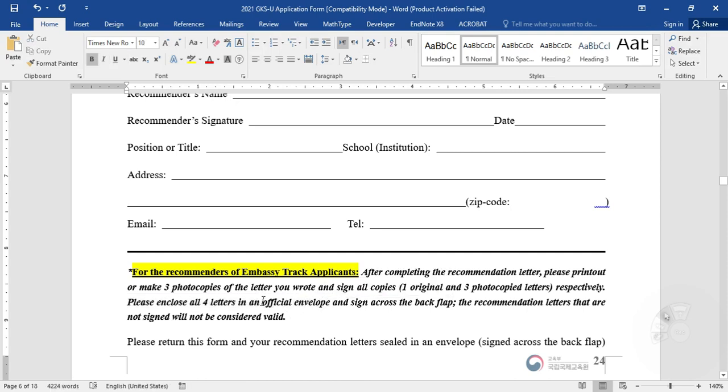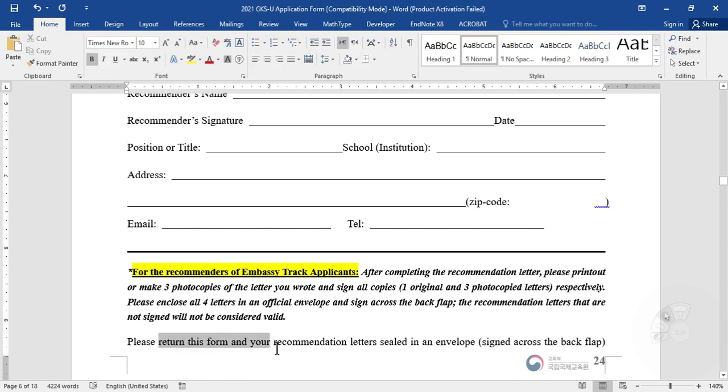Even if he doesn't have an official envelope, you can ask him to enclose it in a general envelope or the post office envelope, and he can sign the back flap where you want to make the seal to close this envelope, and then he can give it to you, and you can directly send it to the embassy or the university. But remember, it should be sealed.